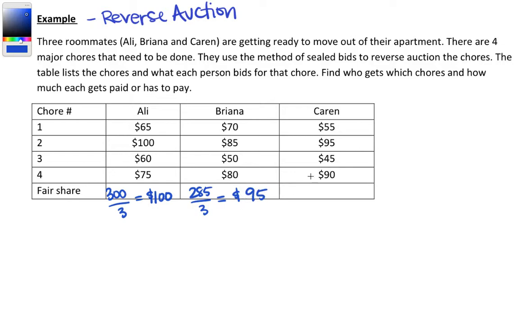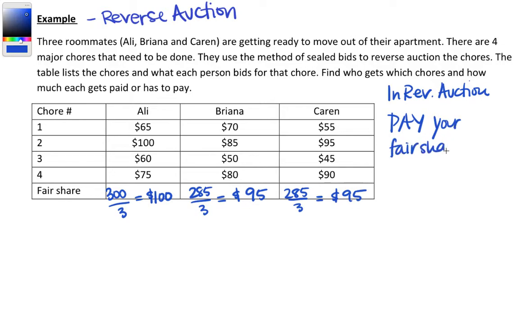And when we total Karen's column, we also get $285, which means her fair share is also $95. Okay. And let's keep in mind here, in a reverse auction, you pay your fair share, and you get your bid. So it's flipped from the way it was in the last example. And lowest bid wins.